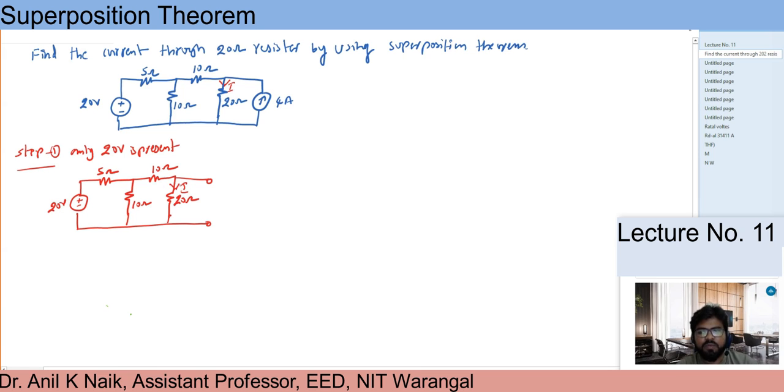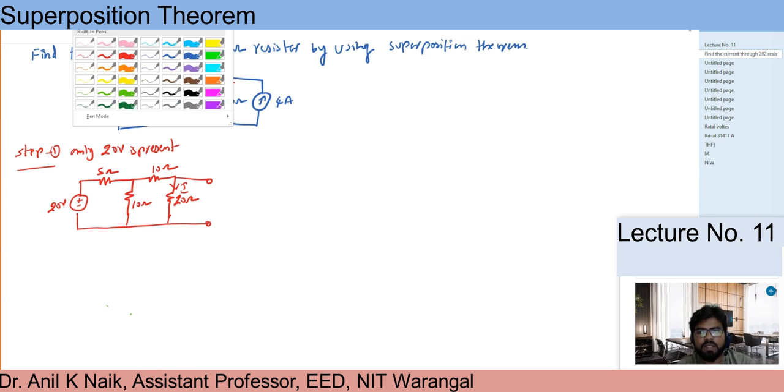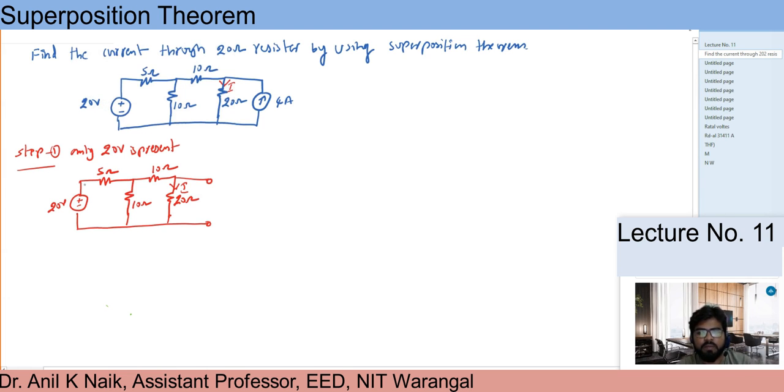Before finding the current flowing, I am going to take the equivalent circuit of this, so that it will be very easy for me. If you see, this is my current direction, this is my current direction. So these two are in series.